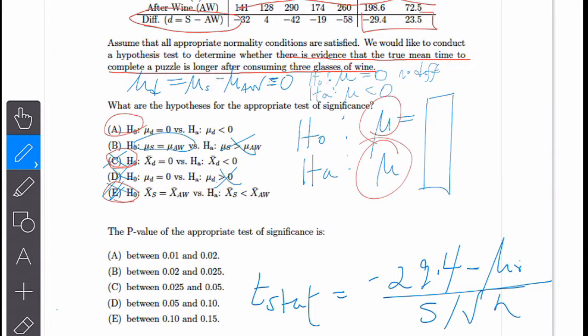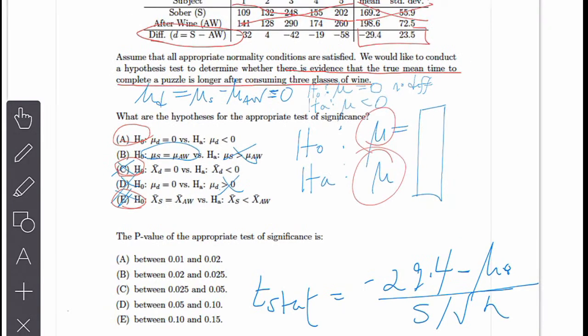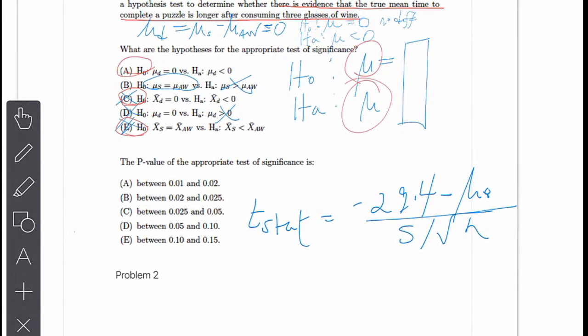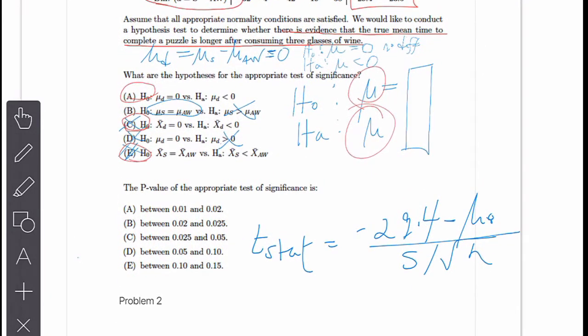This is from Formula 6 of the formula sheet for mean inference. So we're going to calculate: this is equal to negative 29.4 minus the mean of 0.